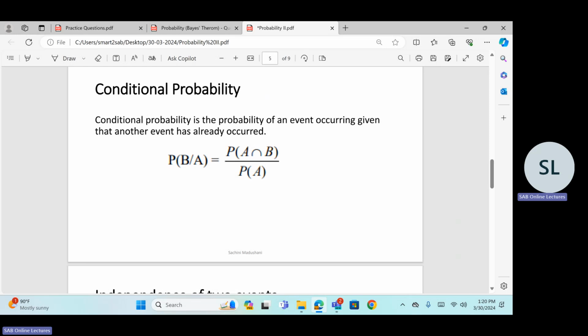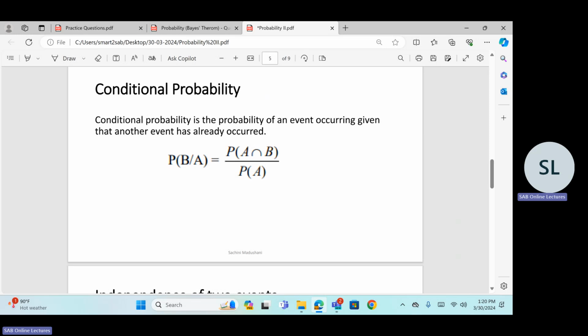Another concept is conditional probability. Conditional probability means we take the probability of one event occurring given that another event has occurred. In conditional probability, we talk about two events, but not that both events occur together. Understood? Intersection means both events occur together.